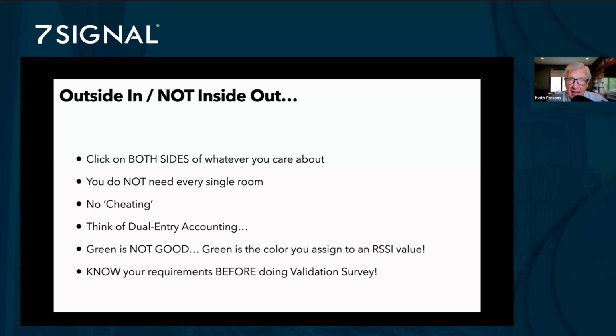All you're doing is assigning a number to a color. So when we see the color, we think of a number. Well, if I want to cheat a lot, I will say anything better than negative 80 is green. And the place will look fantastic, but it won't actually work. So use the RSSI values that meet your requirements. And if you know your requirements before you do the validation survey, as you're collecting them, you'll get even better data.